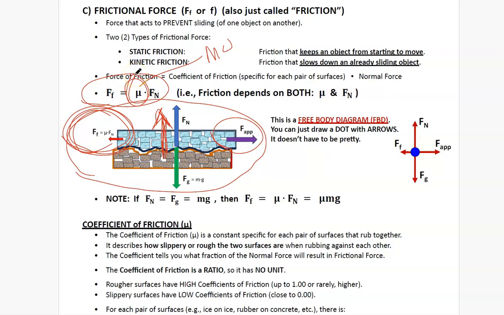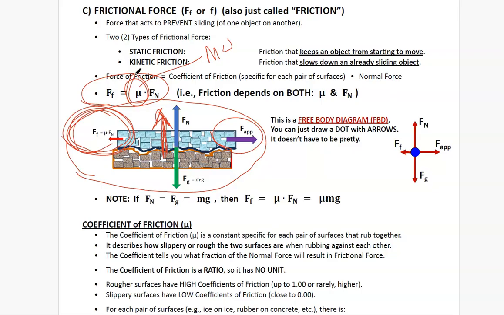And you might say, well, where does the coefficient come from? Well, the coefficient is different for every pair of objects. The values, as I mentioned, go from 0 to 1 usually. Rarely they'll go above 1. But a value close to 0 means the two objects are really slippery on each other. There's almost no friction.